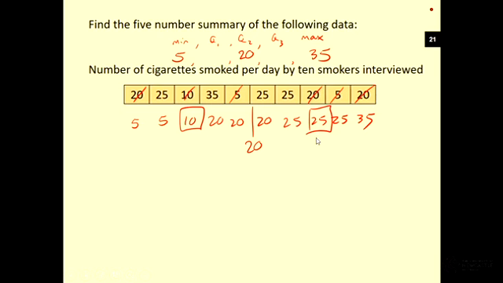My 5-number summary is 5, 10, 20, 25, 35. That's it. Min, Q1, Q2, Q3, max. We could find that from an ogive as well, if we were just asked, what's the 5-number summary? Normally when asked this, people make stuff up and say the 5-number summary is the standard deviation and the range, and then go on with something else. It's just not. Min, Q1, Q2, Q3, max. Okay? That's my 5-number summary.